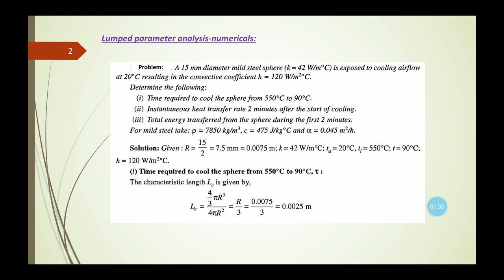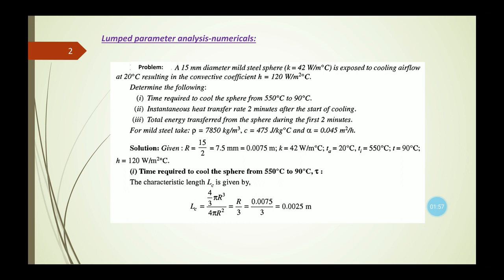That means we need to calculate the value of tau. Next, number 2, instantaneous heat transfer rate 2 minutes after the start of cooling. And number 3, total energy transferred from the sphere during the first 2 minutes. So these are the three things that we need to determine in this numerical.